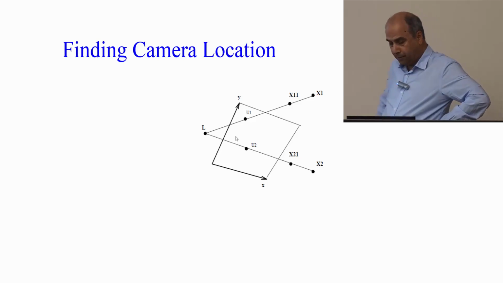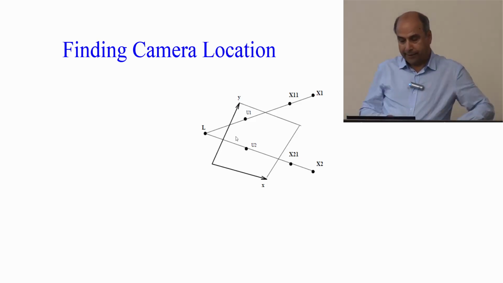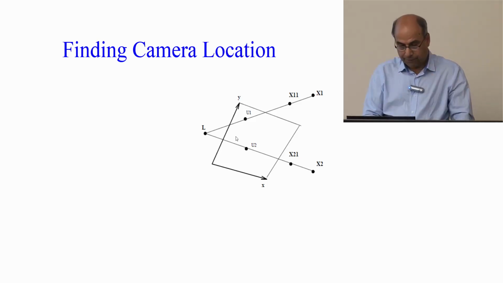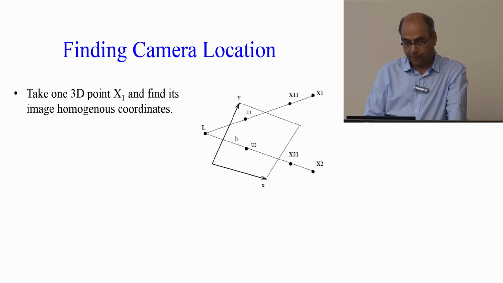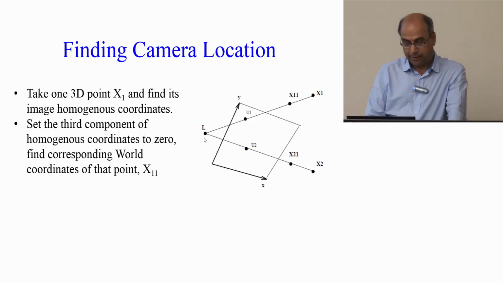Okay, so the idea is, if you take a 3D point, say let's say this is a 3D point and the image is formed here, because this ray will come and hit through the lens. For that 3D point, let's say we look at the homogeneous coordinate.